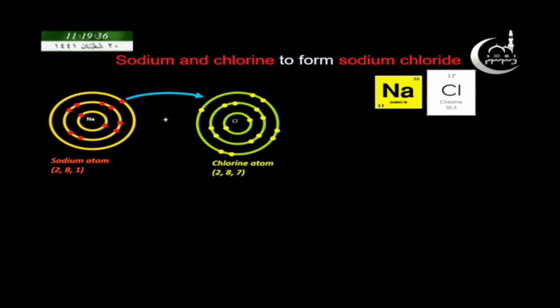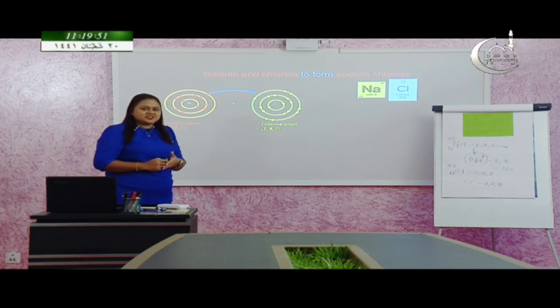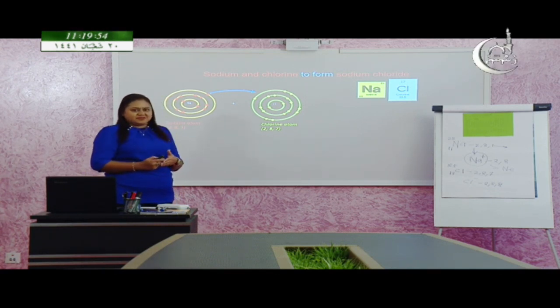So, the metal loses its electrons to the non-metal to gain the stable electronic configuration. So, now after losing and after gaining the electrons, how will the structure look like? Why don't you give a try and draw the structures to compare with mine? I will give you some time to do that.